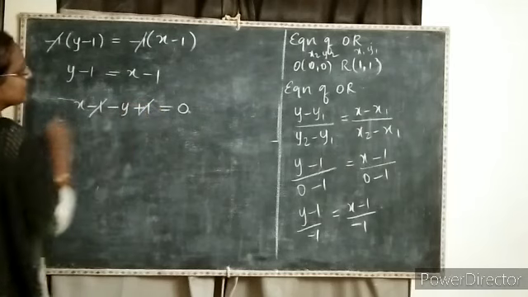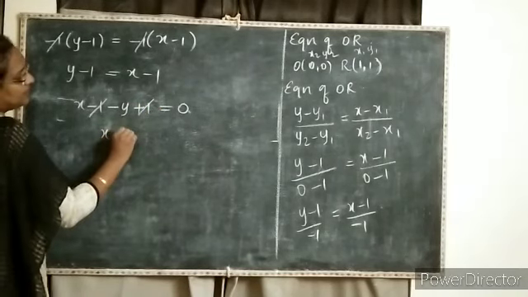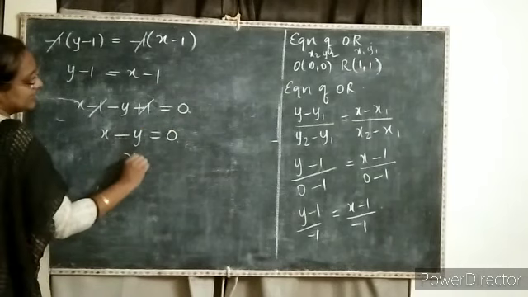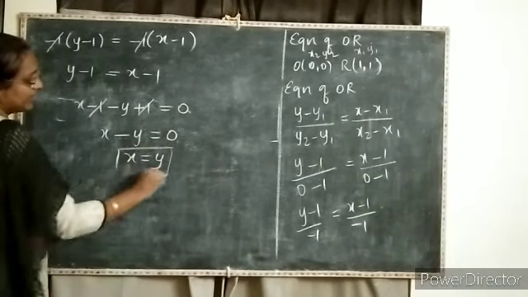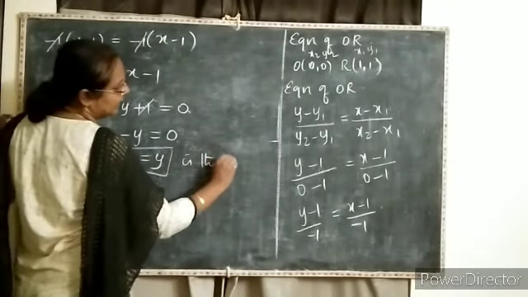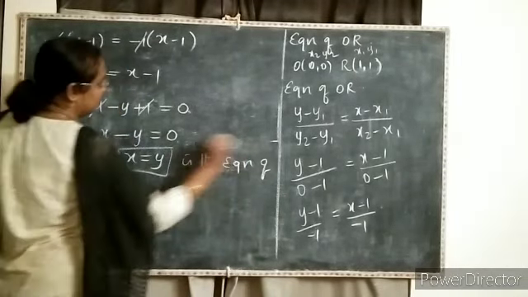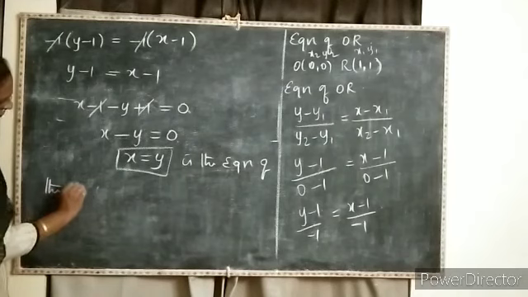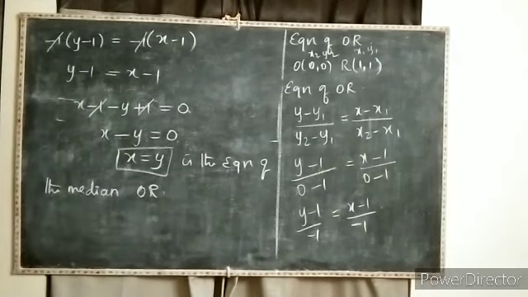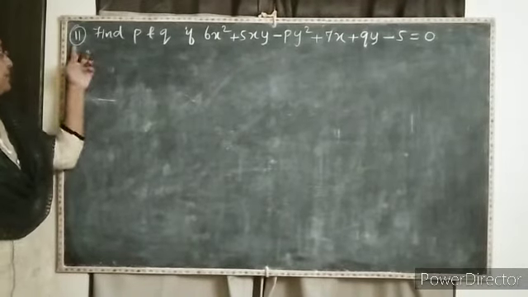Minus 1 and plus 1 are getting cancelled. So x minus y is equal to 0, or x is equal to y, is the required equation of the median OR, isn't it?